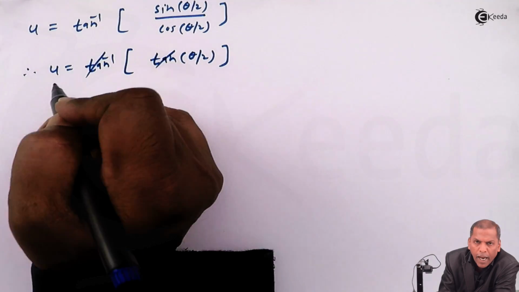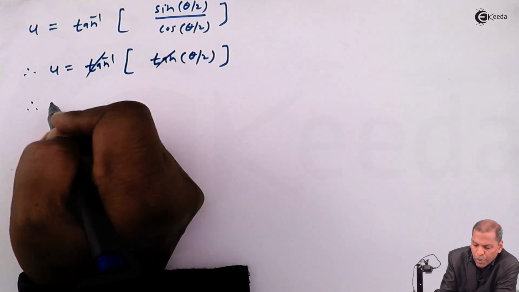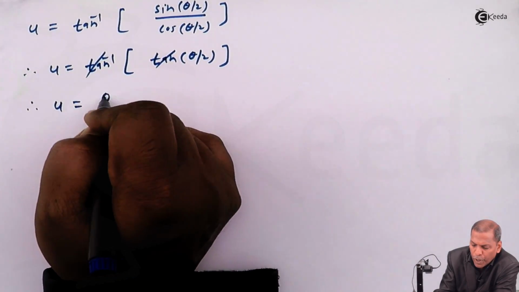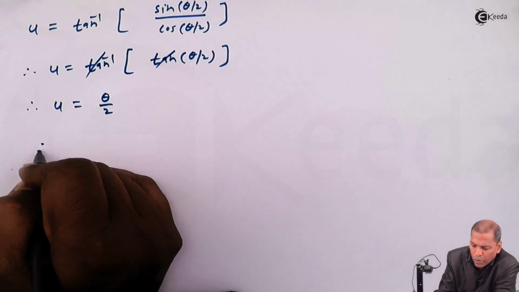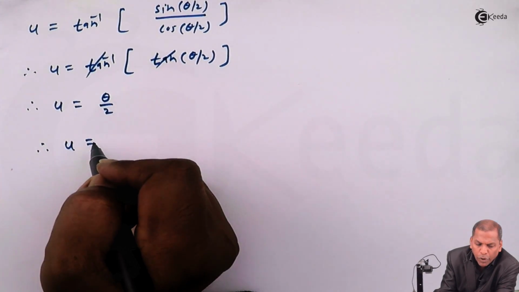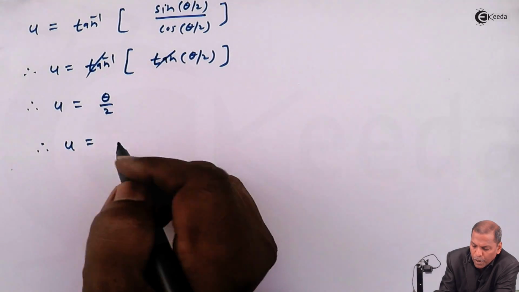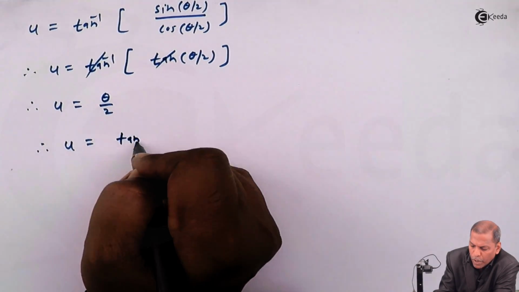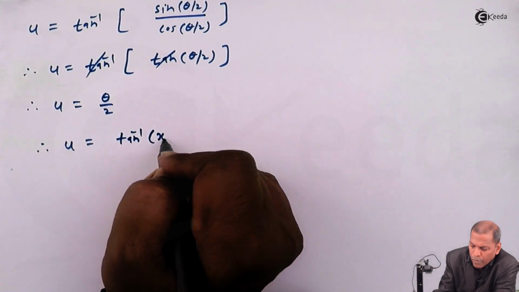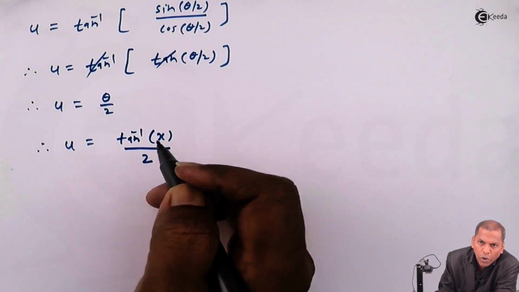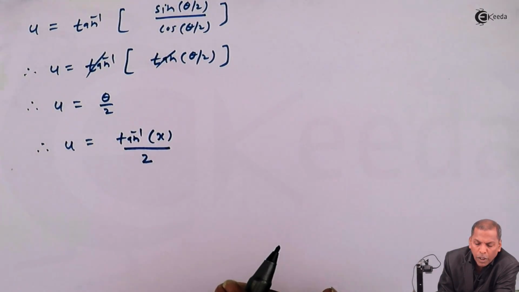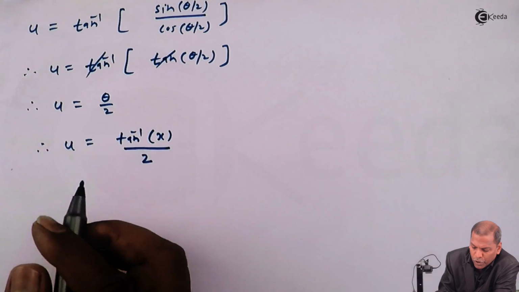Now cancelling tan and tan inverse, we get u is equal to theta by 2. So now theta we replace with tan inverse x. So u is equal to tan inverse of x upon 2. So in this way we simplified the first term.